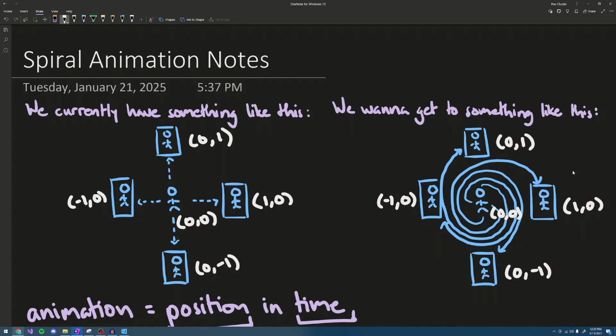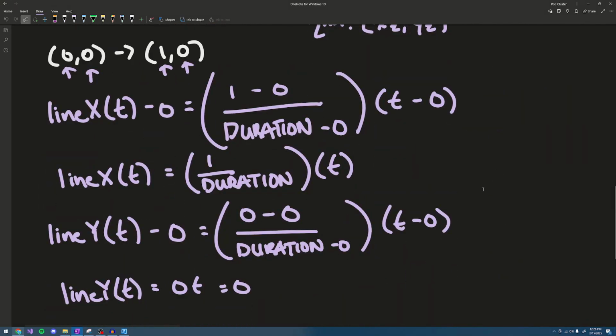We can still use the concept of linear interpolation here. The only difference is that now there's this circular motion that's happening at the same time as the expansion. And if you notice here, we actually go around the circle once. Other than linear interpolation, there's another mathematical function we can use to create that circular motion.